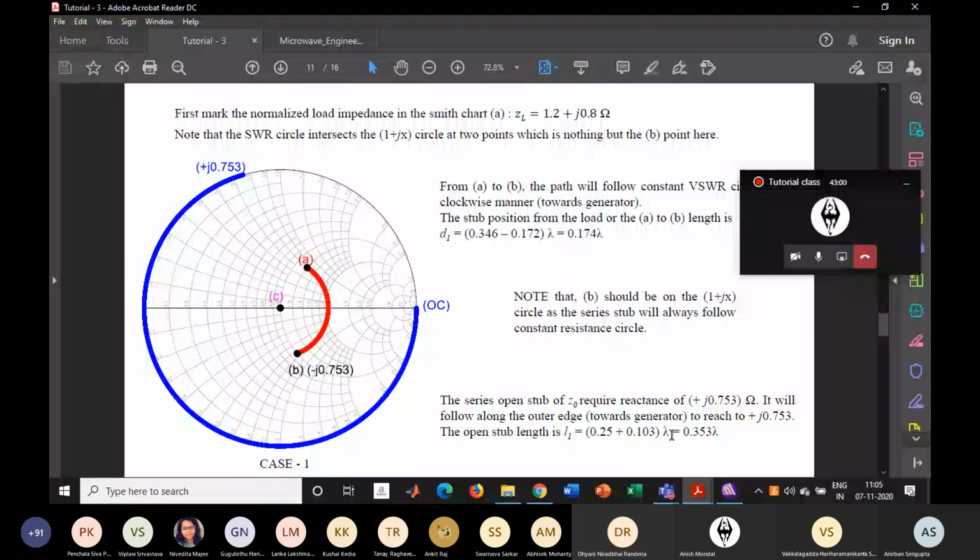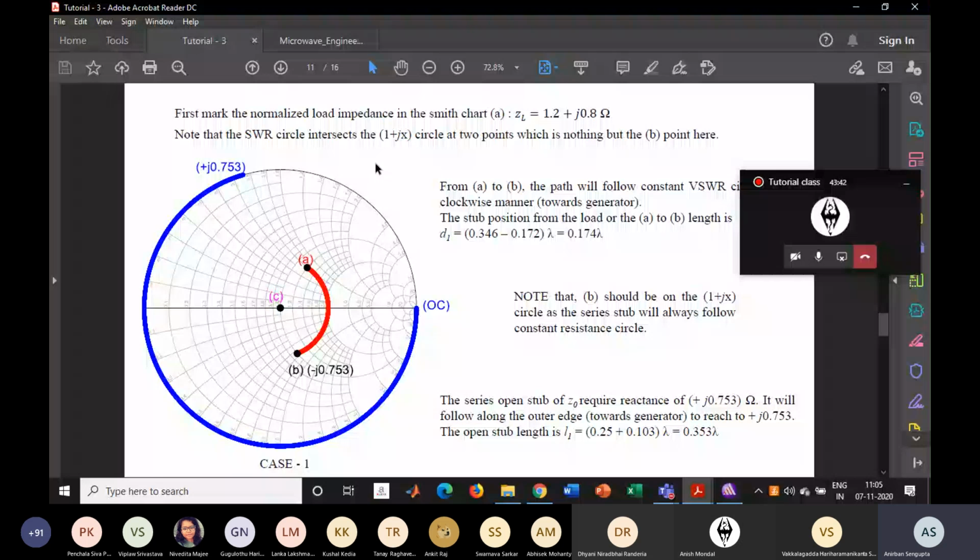So the total length will be the stub length, and the impedance is shown here. From that you can find what should be the stub length, at what distance the stub will be connected to the load, and the impedance of that stub. So this is the first point.